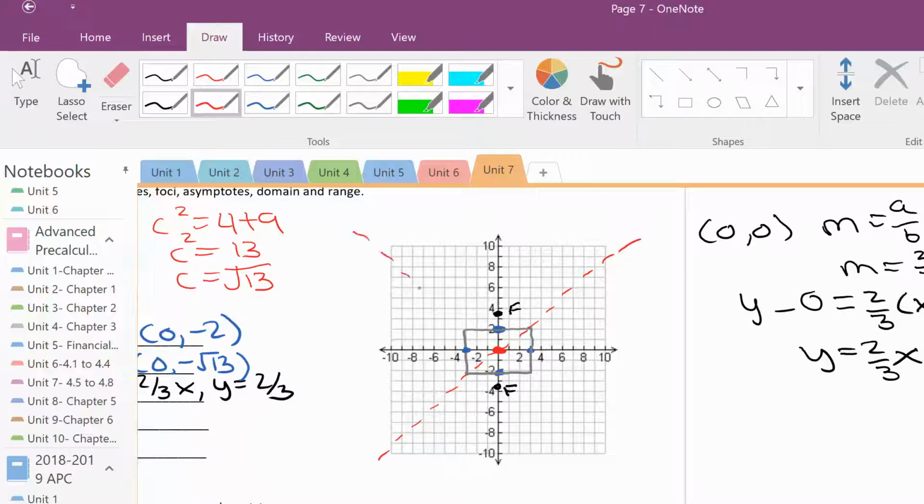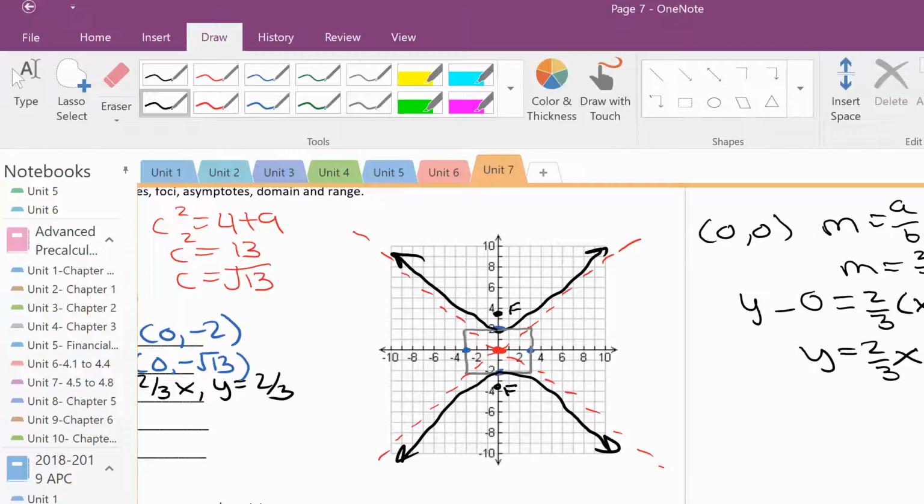There, and there. So then, when I draw this, I start at the vertices, and now I'm going to go up and follow the asymptotes, and I'm going to go down and follow the asymptotes.